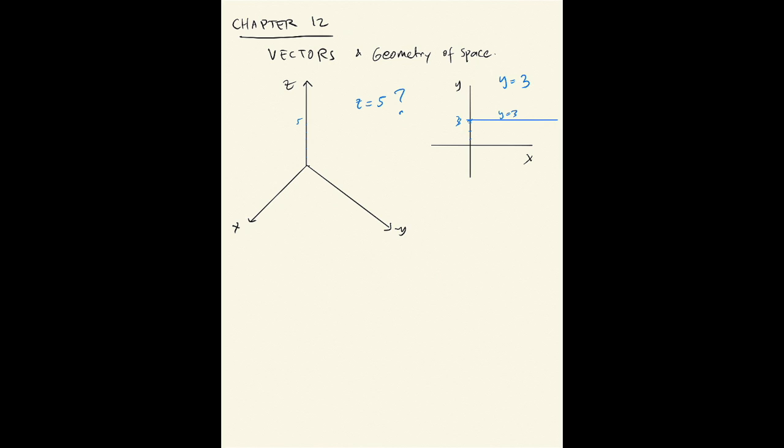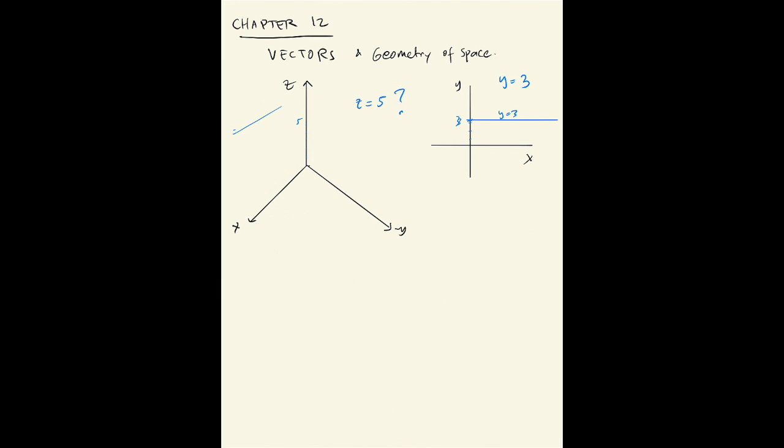So my suggestion in this chapter, because it will be very complicated in terms of visual, is that you maybe watch some video about the three-dimensional factors to get good visualization. Because most of the time this chapter will deal with drawing. So z equal 5 is a surface, it's a plane.